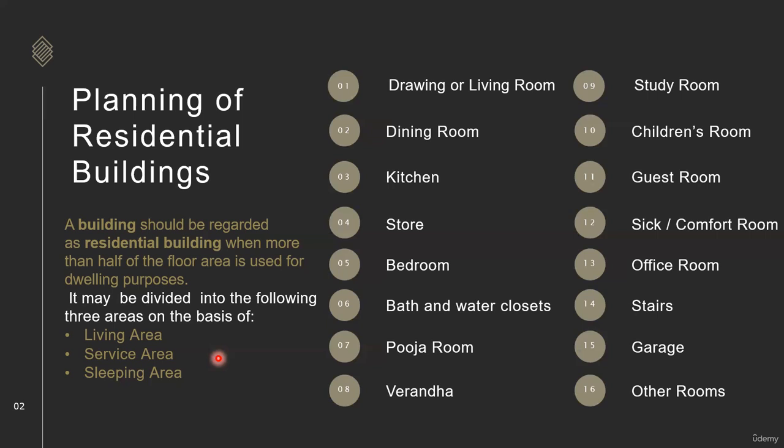According to that only we can decide the width, length, and height of the building, keeping the minimum considerations in mind while doing building planning. Beyond that, we can go with the requirements and budget of the clients.